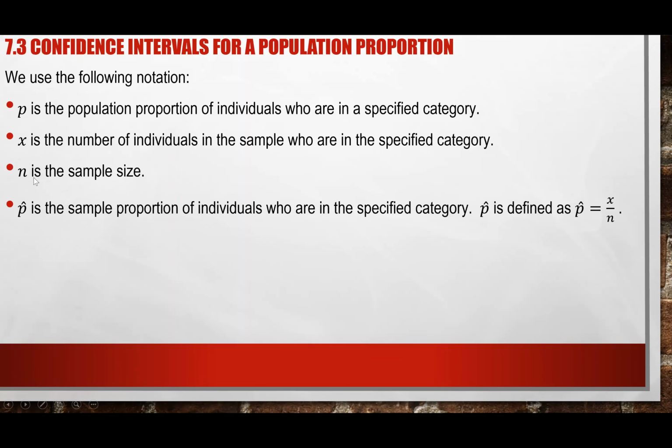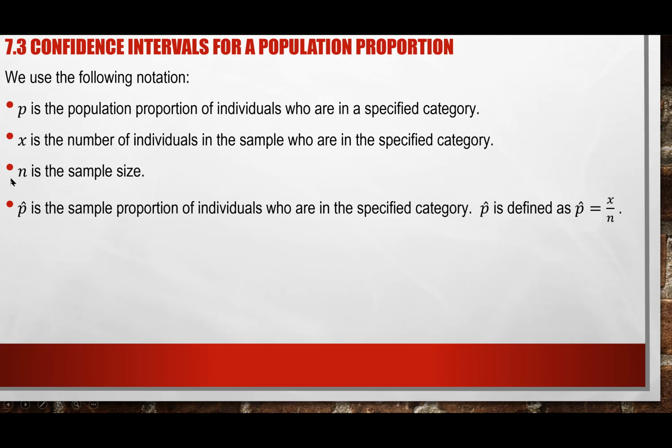The 11 is the total number, which is the n, the sample size. So 5 is your x, and 11 is your n, the total.